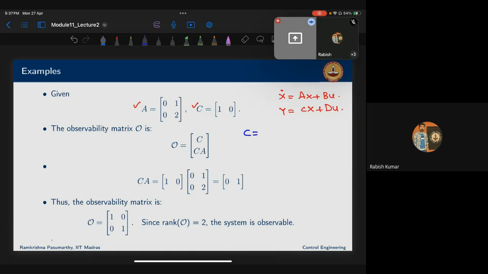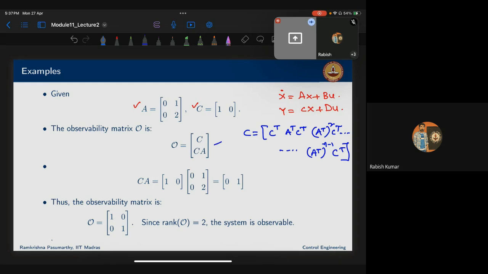So it is C transpose, A transpose C transpose, A transpose square C transpose, and so on, up to A transpose to the power N minus 1, C transpose, if you write it as a column matrix.